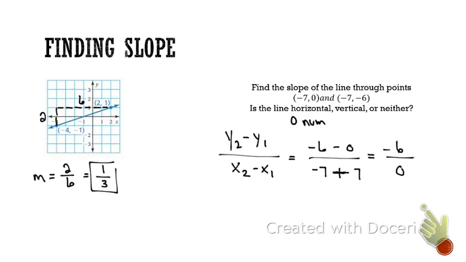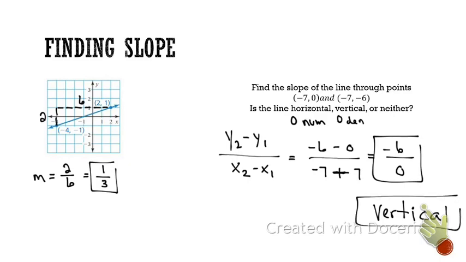A vertical line will have 0 in the denominator, or an undefined slope. So this is a vertical line. All right, vertical lines are undefined, and undefined slopes have 0 in the denominator. So, 2 parts to that question.